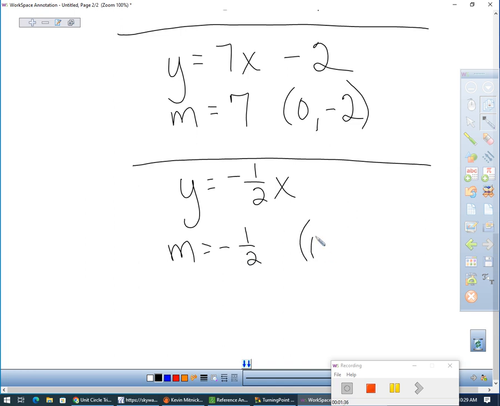It's the point (0, 0), which makes sense because that's the origin, and this is a direct variation equation, right? So do we have any questions how to pull out the slope and the y-intercept? All right. Let's go to example number 2.